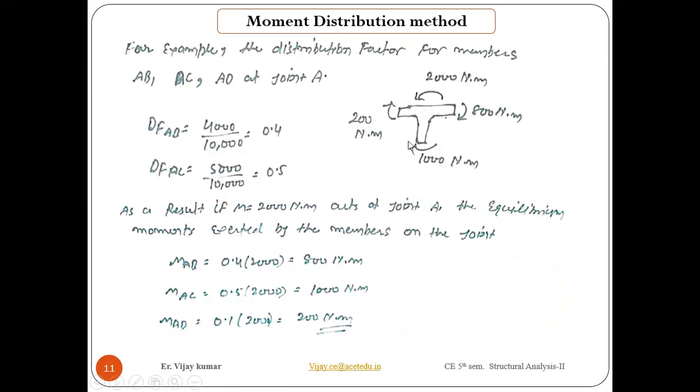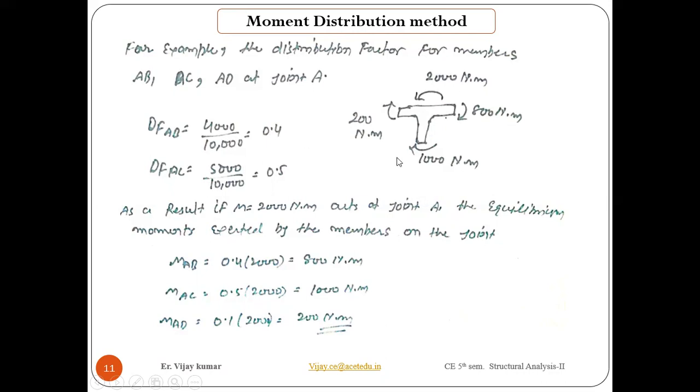Now, what was the initial value? Only a moment of 2000 Newton meter was initially acting at point A. Now, using the distribution factor, if a moment M of 2000 Newton meter acts at joint A, we find the equilibrium moments exerted by the members on the joint. We need to apply the load and do this distribution.